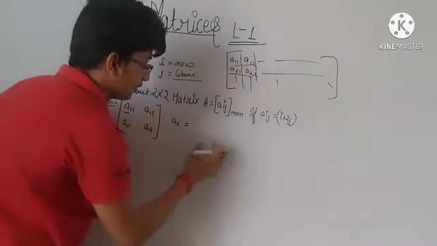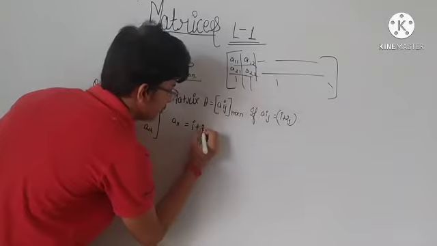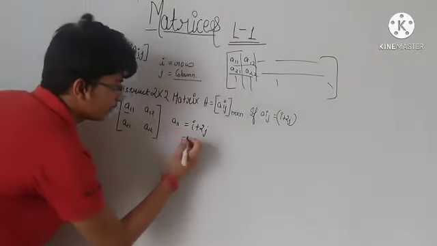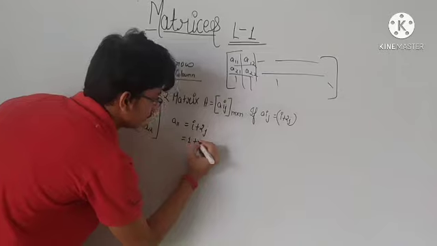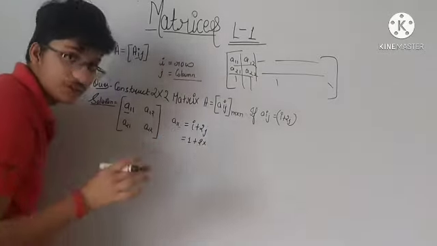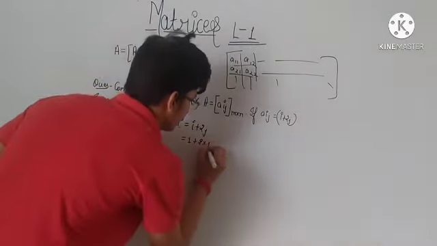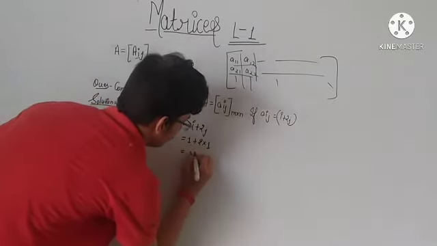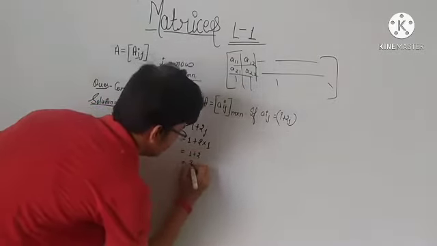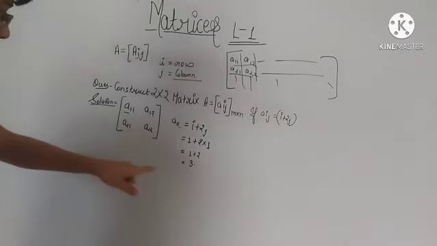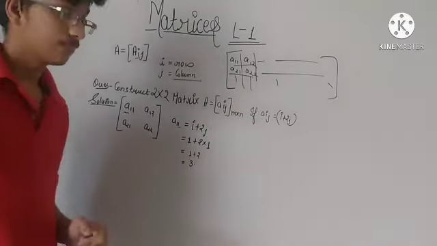I हमारा यहाँ पर क्या है 1 plus 2 into j. What is the value of j? There is the 1. So calculate कर लें, तो 1 plus 2 is equals to 3. So here A11 is equals to 3. हमारे फर्स्ट एलिमेंट की वैल्यू आ गई 3.